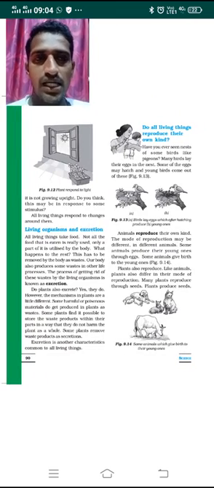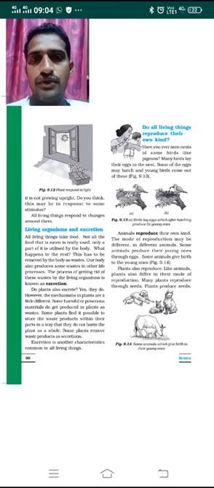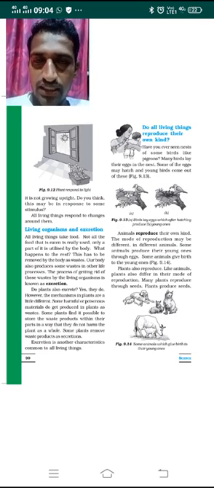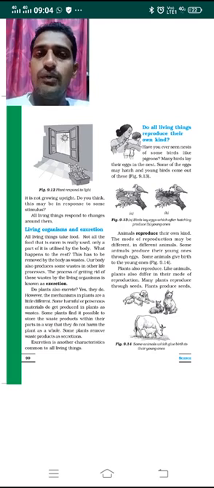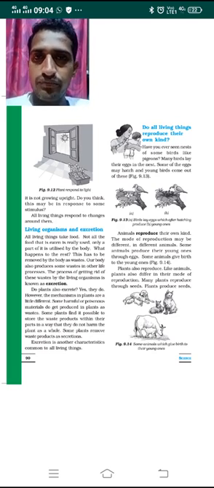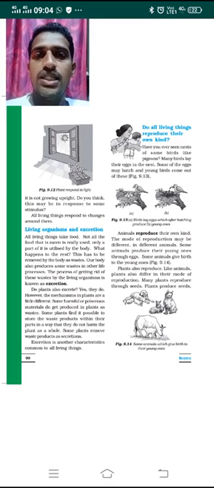As we know, all living organisms excrete waste products out of their body, for example animals, whereas plants also remove waste products in the form of secretions. So this we have studied.